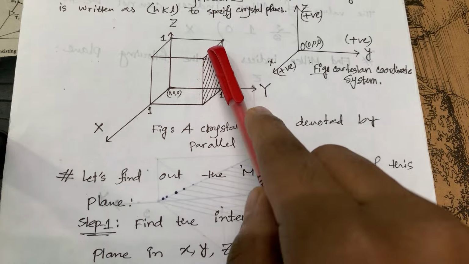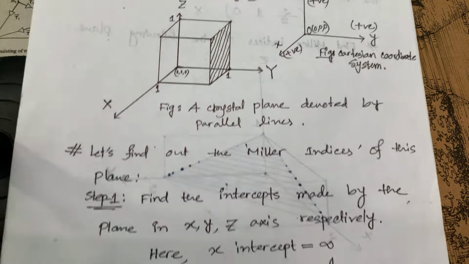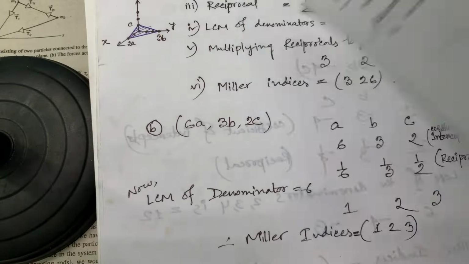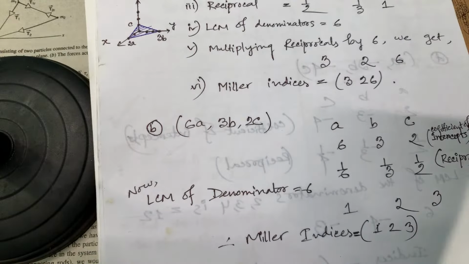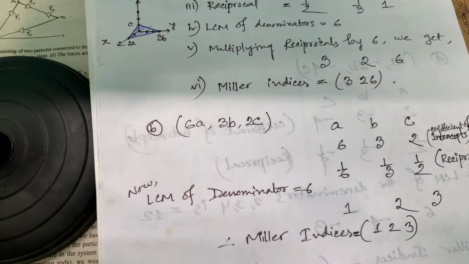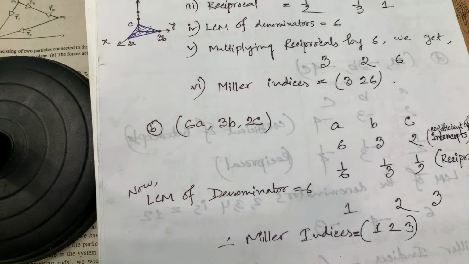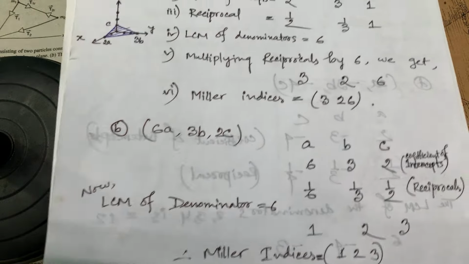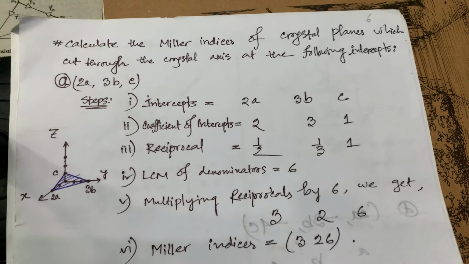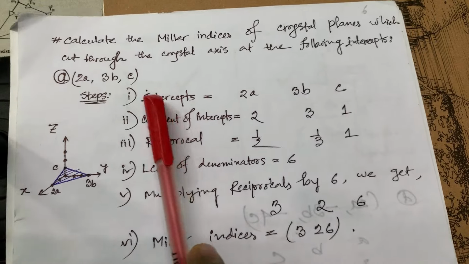Or if you know this is the plane we are talking about, its Miller indices will always be 0, 1, 0. This will make sense if you have any background about crystals or lattices whatsoever.